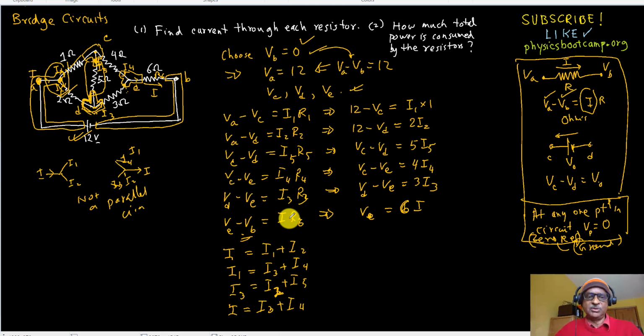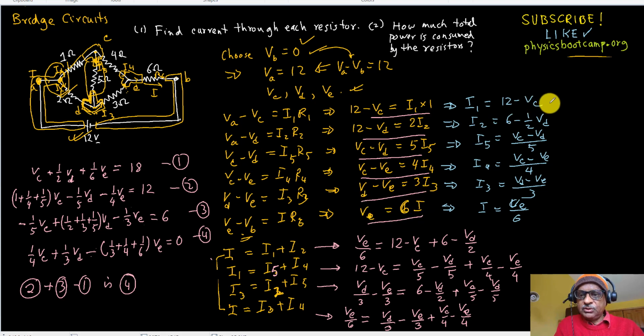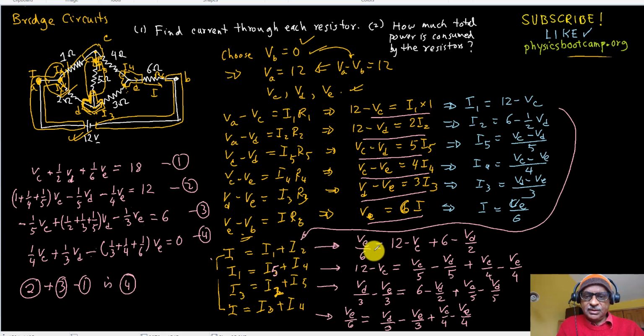I'm going to now pause this video and put these equations in here to get equations for the unknowns, the 3 V's. What I did was solve these for I's in terms of V's, and then plug them into these, so I got equations for all the V's.